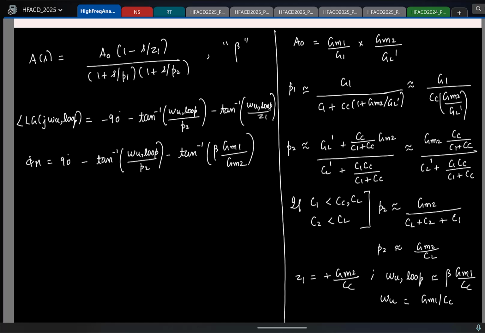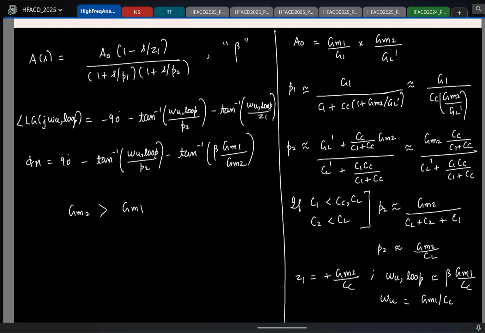Again, you can see that now if you have the RHP0, you want this term to be small or large? Do you want the phase added by the RHP0 to be a small value or a large value? Small value, so that you have a large phase margin. So if that is the case, what can you say about GM1 and GM2? GM2 should be smaller than GM1, or GM2 should be larger than GM1?